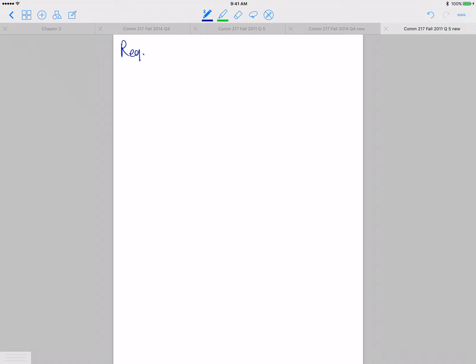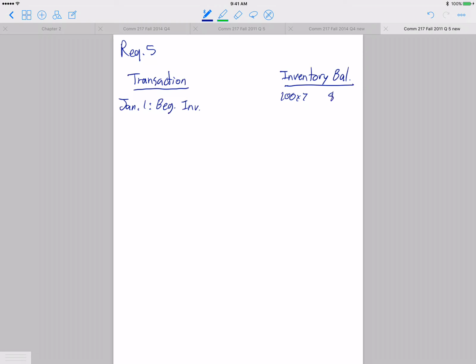Okay, for the fifth requirement, we'll make the same table as we made in the first requirement. All right, on January 1st, we have beginning inventory, 100 units at $7 each, which gives us $700.